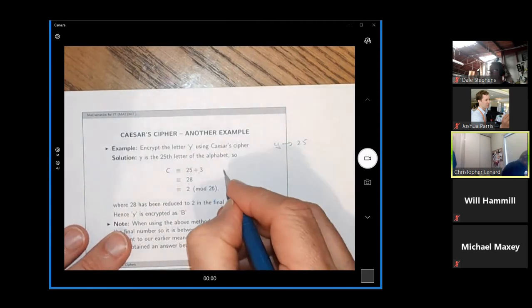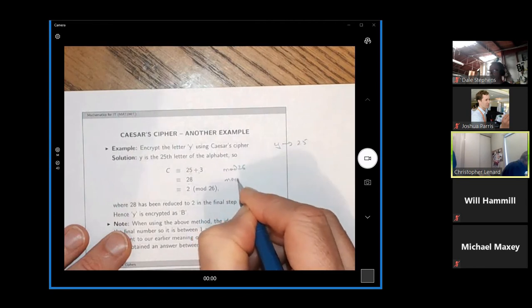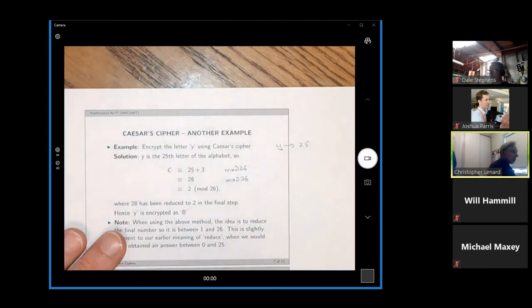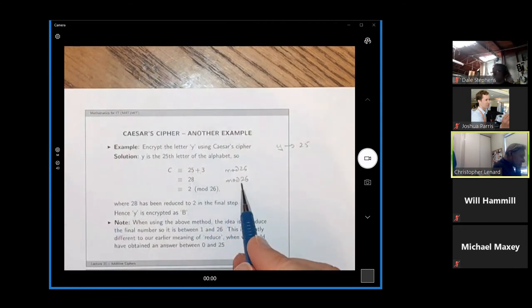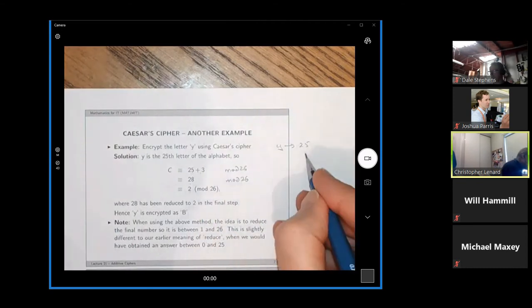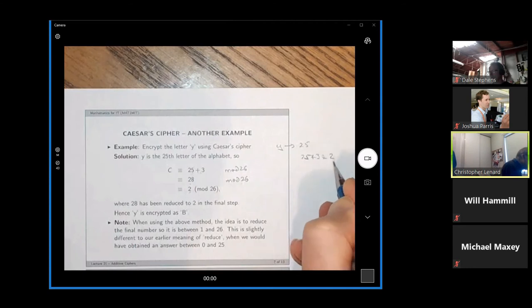But remember, we've got to do everything in the mod 26 system because there are only 26 letters. 28 reduced in the mod 26 system gives us 2. So 25 plus 3 is equivalent to 2.